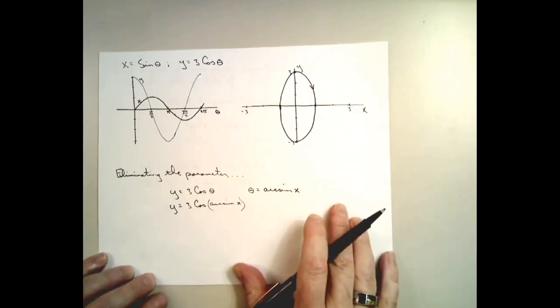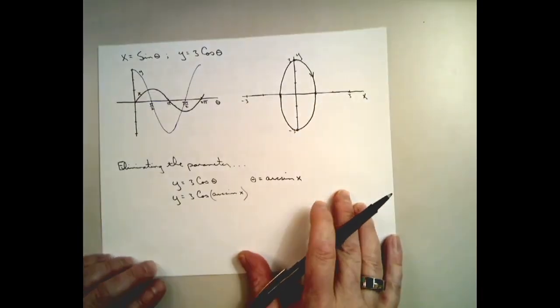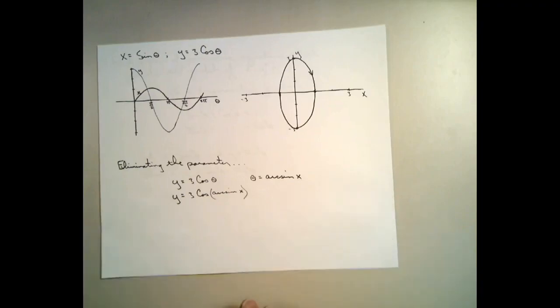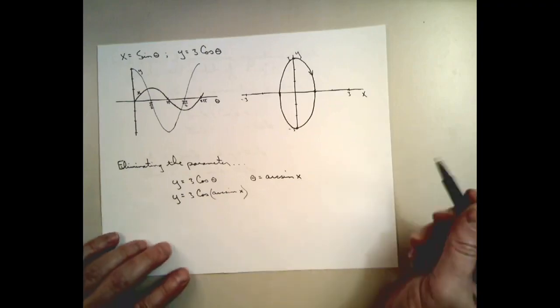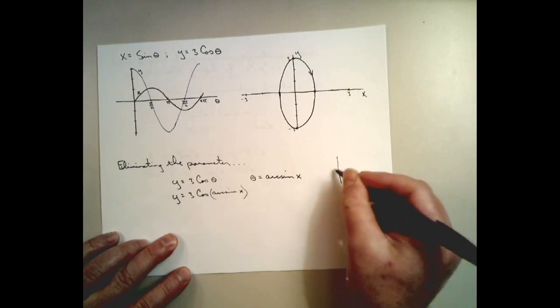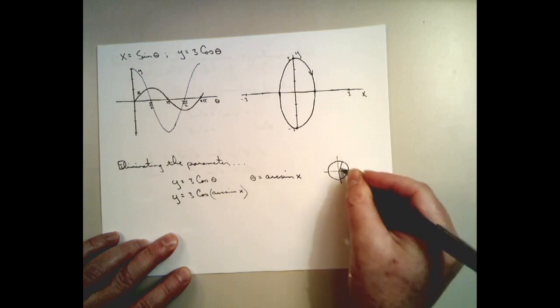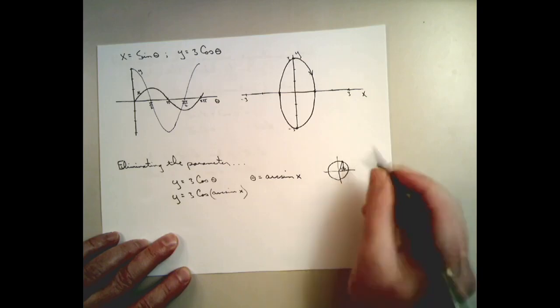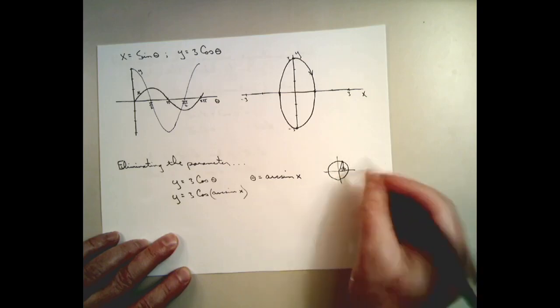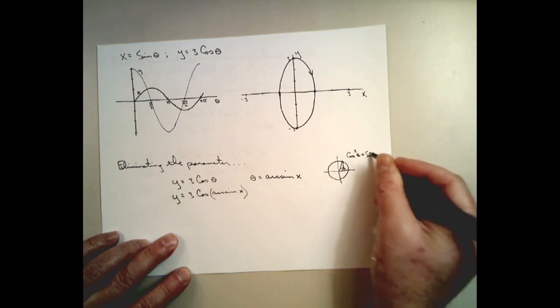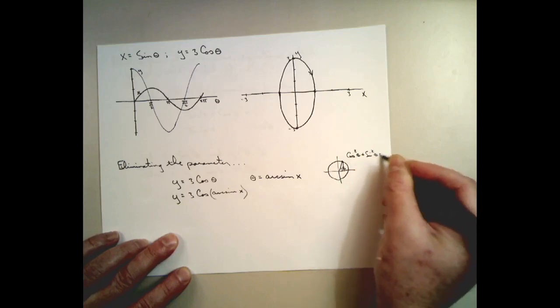There's a cleverer way of doing this. Recall in our very first example, whenever we were looking at the circle, we used the fact that cosine squared of theta plus sine squared of theta was 1.